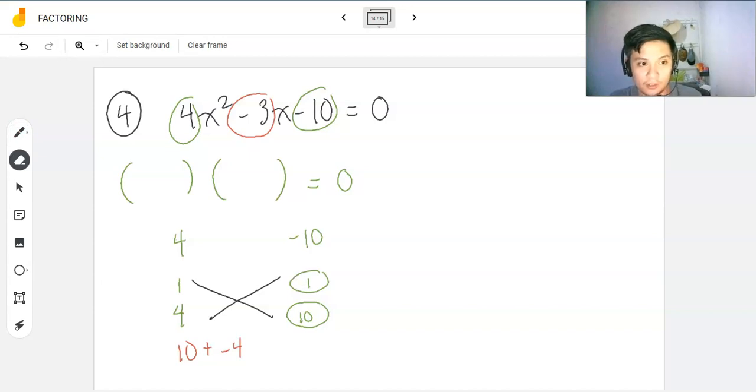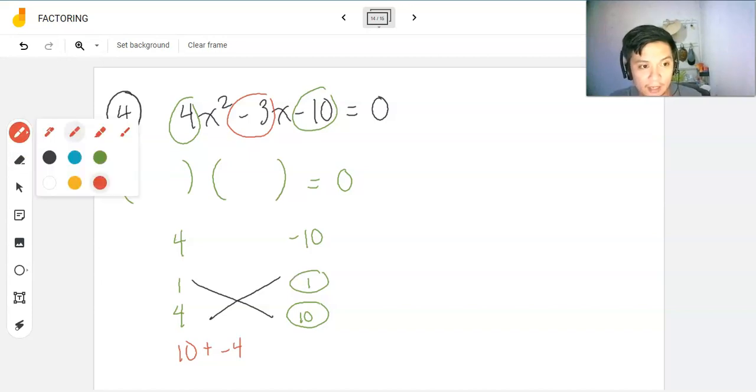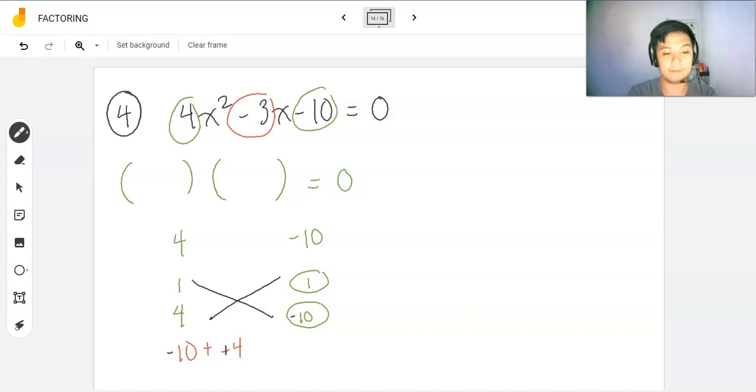Kaya siya trial and error. So, ito na yung negative niyan, yung 10. So, this will just be negative 10, but now this will be positive 4. Negative 10 plus positive 4 just gives us negative 6 as a sum. So, ibig sabihin, hindi pa rin natin natumbok yung dalawang pairs of numbers.